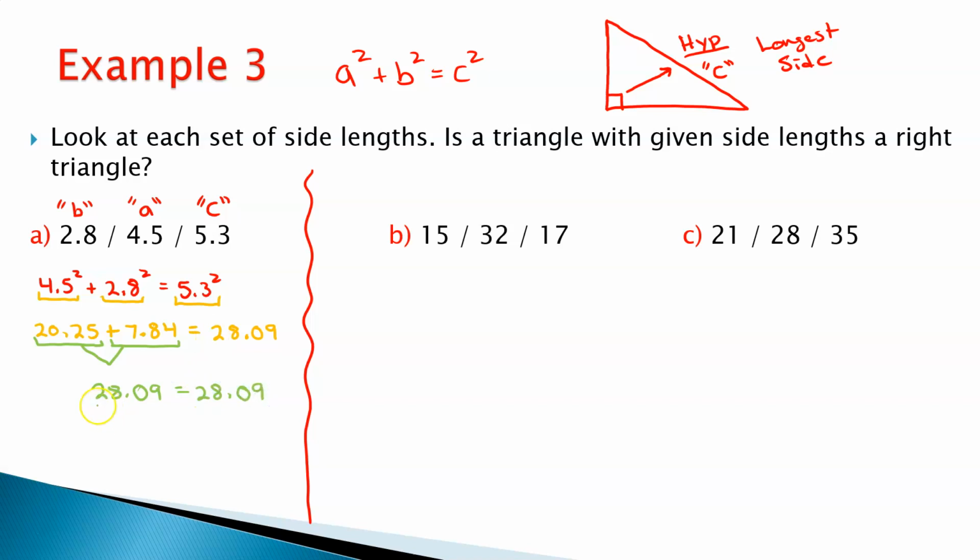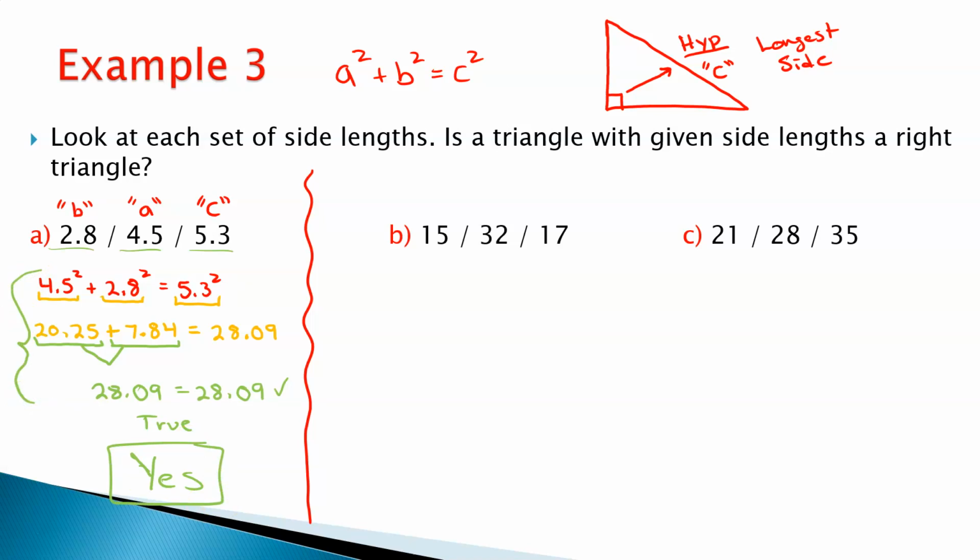Would you look at that? 28.09 equals 28.09. Is that a true statement? Yes, that is a true statement. So can these actually be the side lengths of a right triangle? 2.8, 4.5, and 5.3. We're going to go ahead and say yes. Yes, it can. And we proved it by using our Pythagorean theorem here to create a true statement.